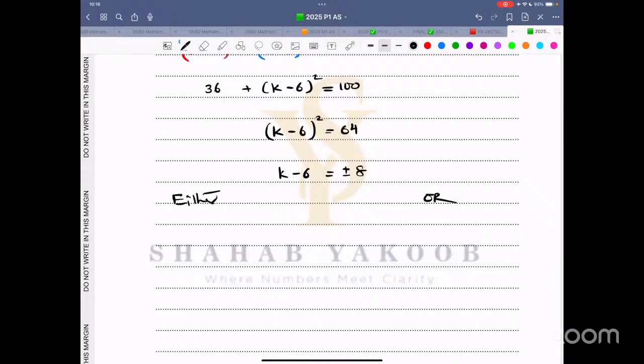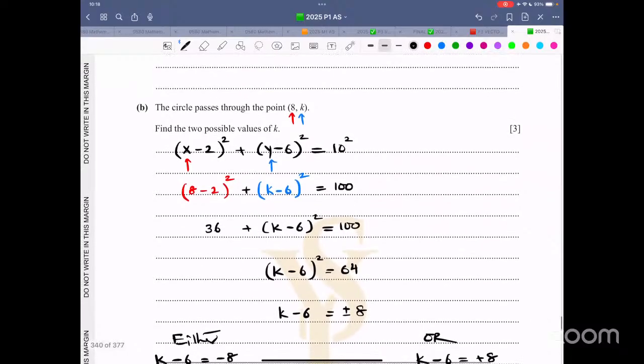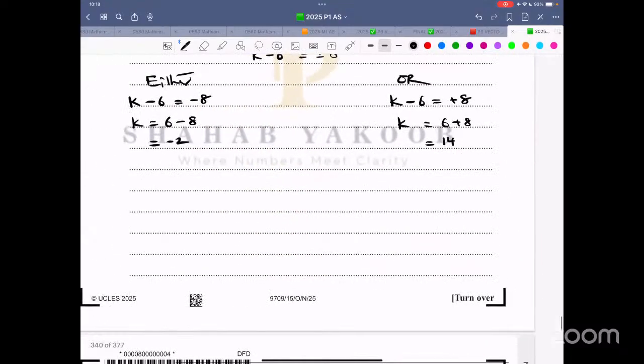Either k minus 6 is negative 8, or k minus 6 is positive 8. K is 6 minus 8, which is negative 2, or k is 6 plus 8, which is 14. They are asking for the two possible values of k. So therefore, k is negative 2 or positive 14.